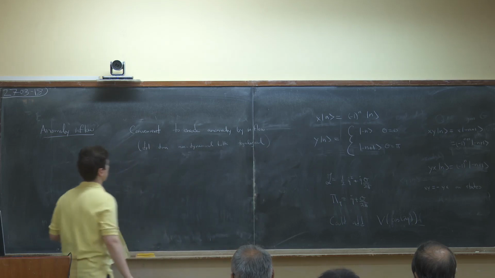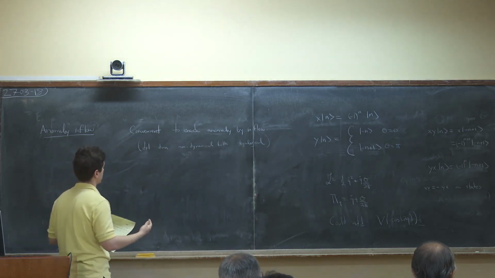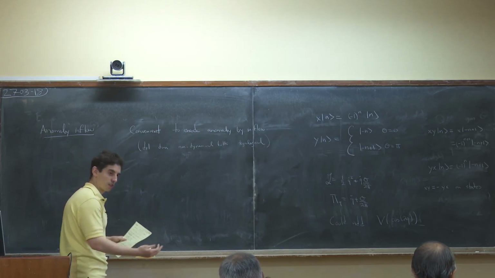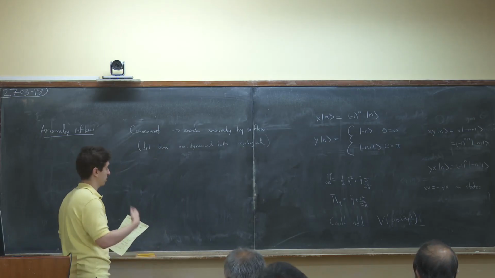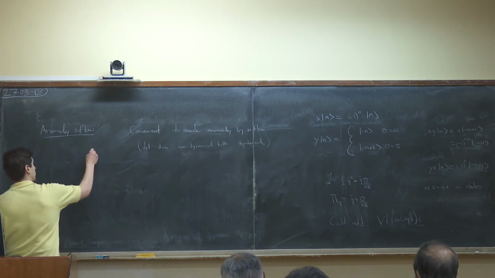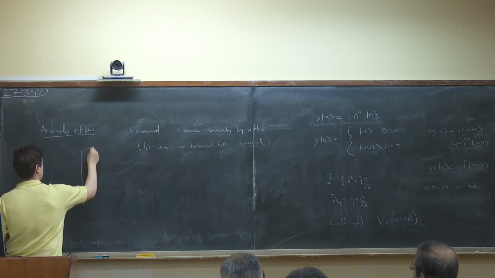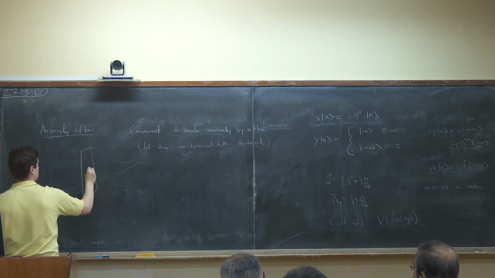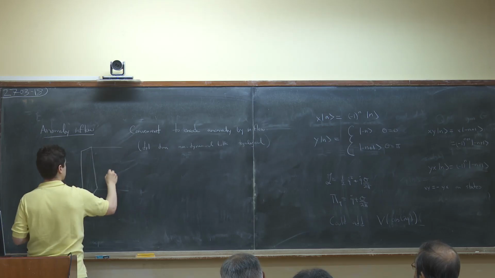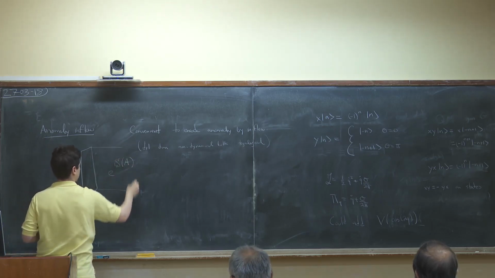Non-dynamical means, as per the discussion we were having yesterday, nothing is fluctuating. No sums are done. It's just some classical action. So the picture, which I'm sure you're all familiar with, is that you have some bulk, and in the bulk we have some local topological action.